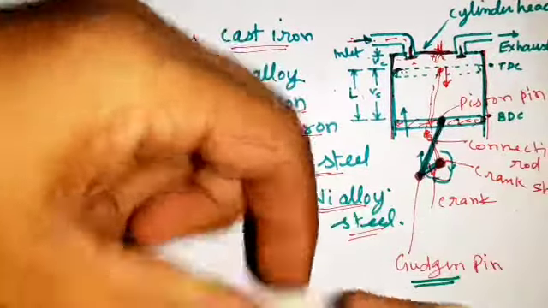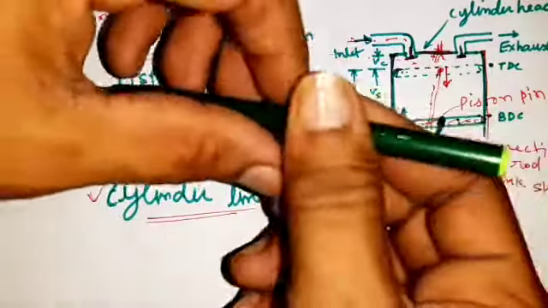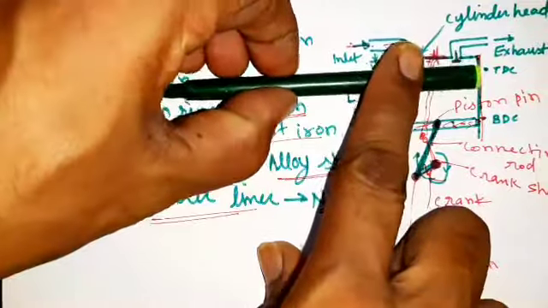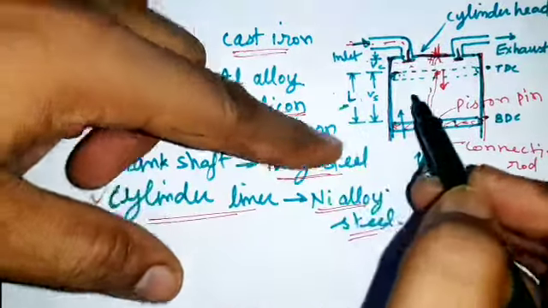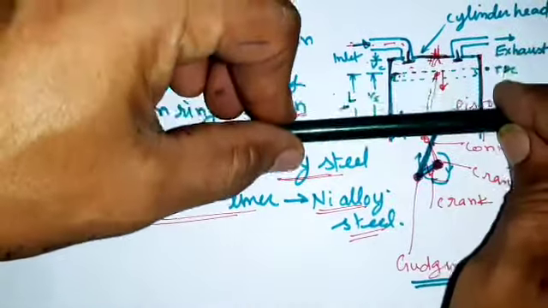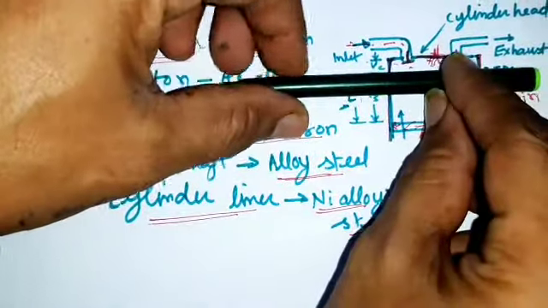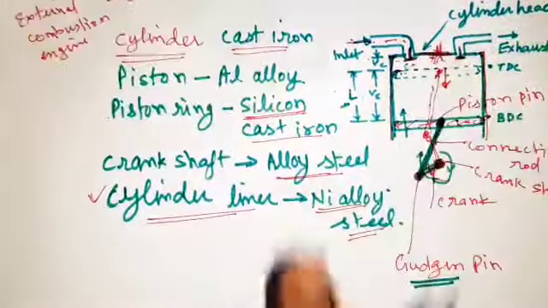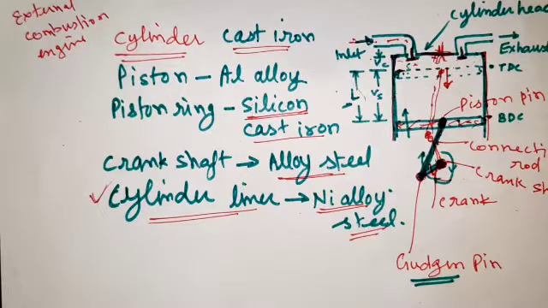TDC is top dead center, BDC is bottom dead center. The length of this reciprocating motion is called the stroke length, L. The volume covered during the reciprocating motion of the piston is called swept volume, Vs, and the volume left at the top location of the piston is called clearance volume. So this is the functioning and parts of the internal combustion engine.